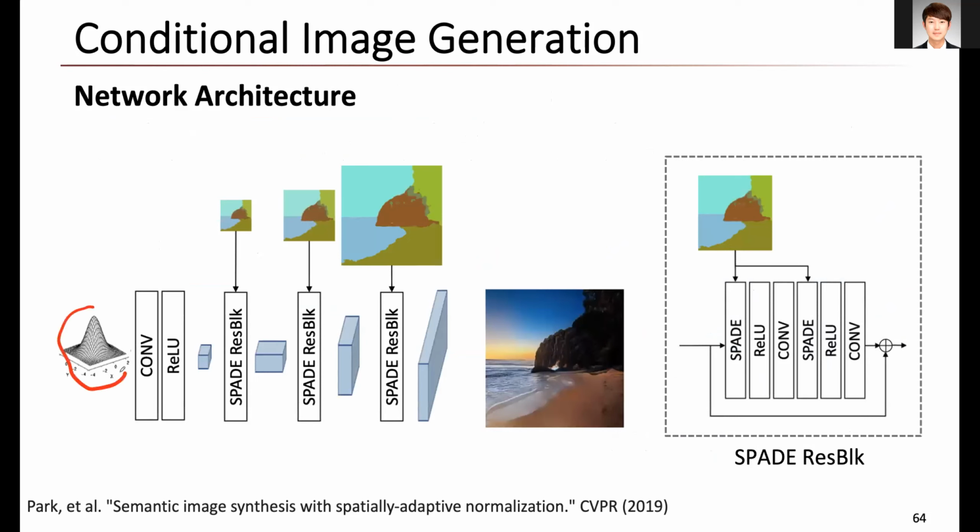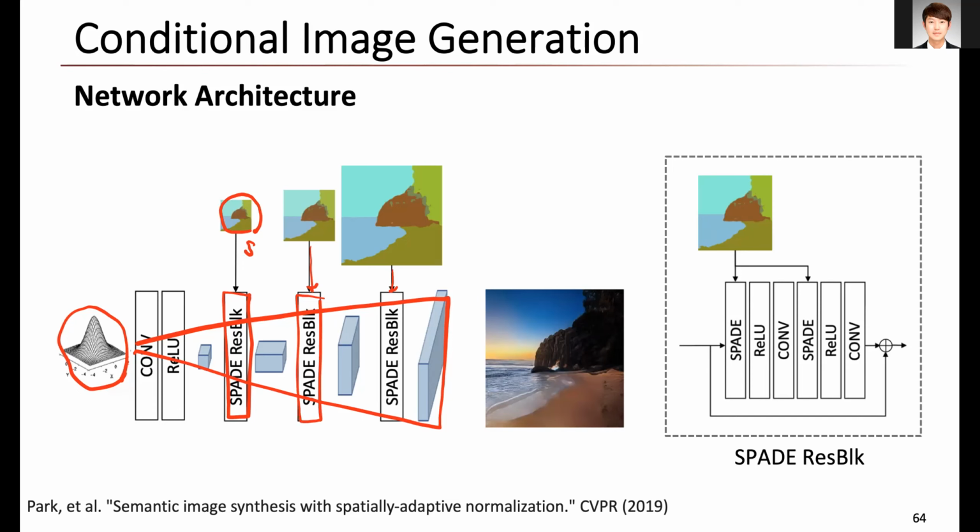And the architecture: this is a random latent vector, and this is a generator. Rather than using batch normalization, they apply the SPADE normalization that is conditioned on the input segmentation map S, and they apply it at each level, like this.